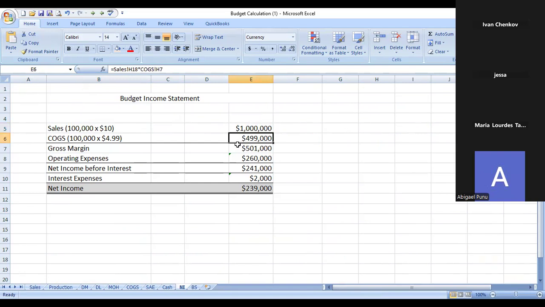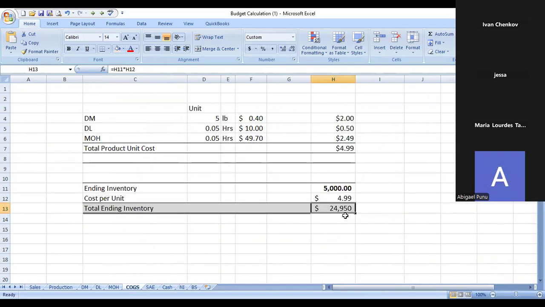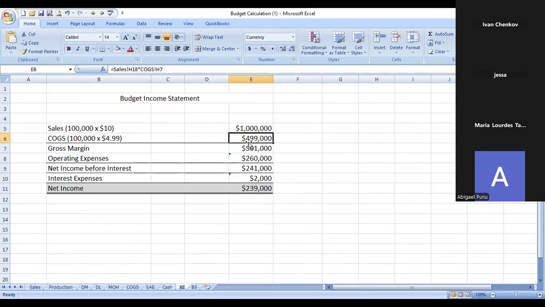Cost of goods sold. We already know that we're selling 100,000 units. We already know that every unit costs us $4.99. So we get our cost of goods sold. We're getting the gross margin. In the cost of goods sold, remember, we have direct material, direct labor, manufacturing overhead.